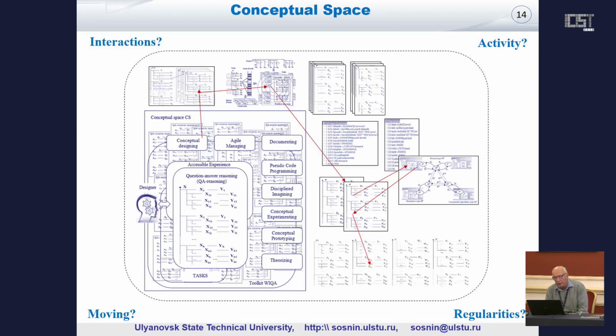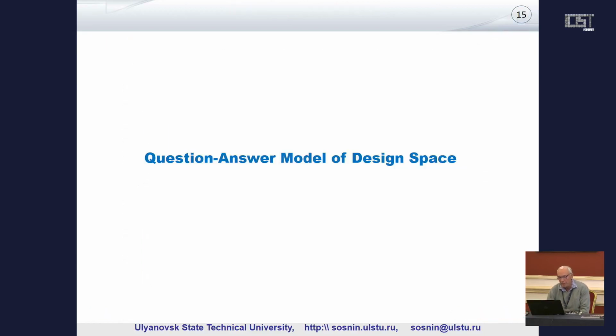We interpret all such question-answer nets as conceptual space, and it opens the direction for investigation: interaction with such space, activity in this space, moving from point to point, from object to object, and the regularities of the conceptual space.